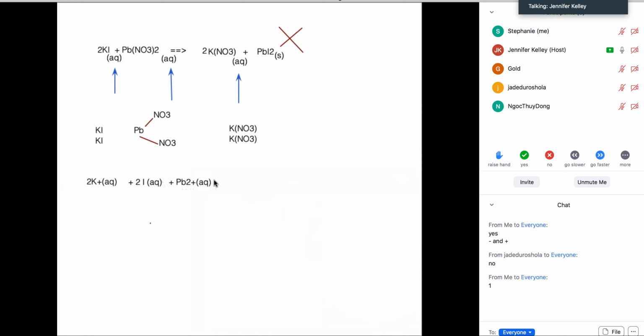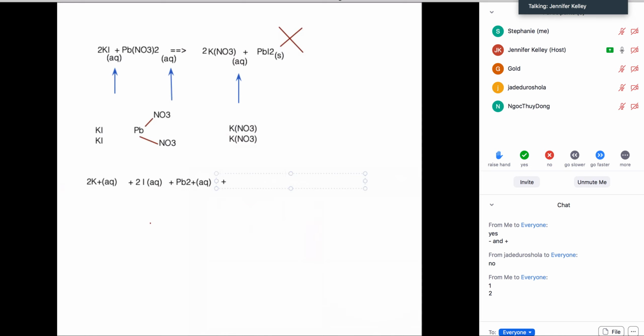And the last part for the left side is to figure out how many nitrates I would have. If lead separated from the nitrate, how many nitrate would be floating around? Correct, 2.